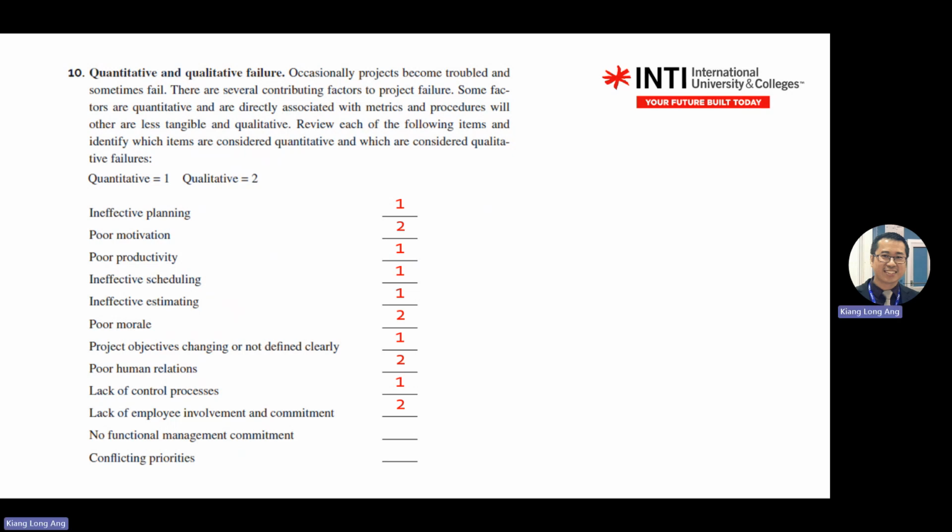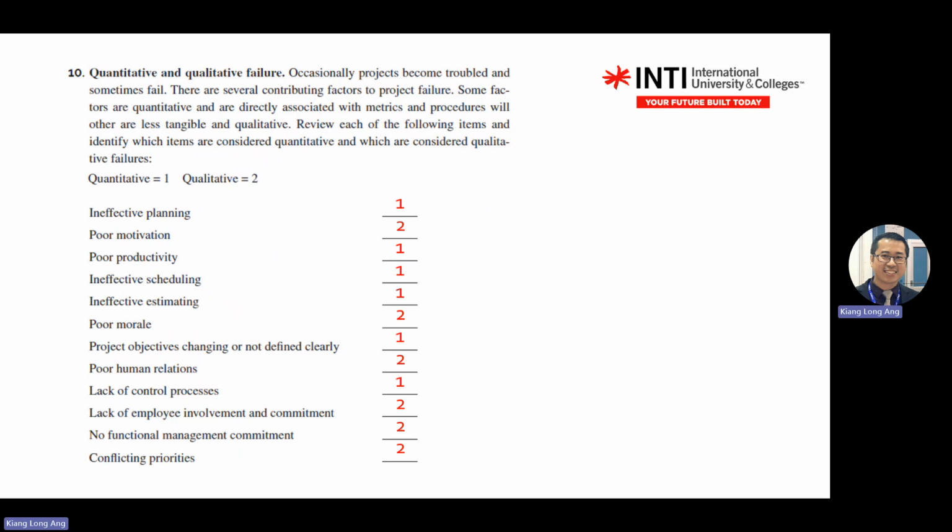Okay. No functional management commitment. This is number 2. The keyword here is argument. Here is commitment. Commitment is unable to say that they support you or not support you and so on. Right. Conflicting priorities. This is qualitative.